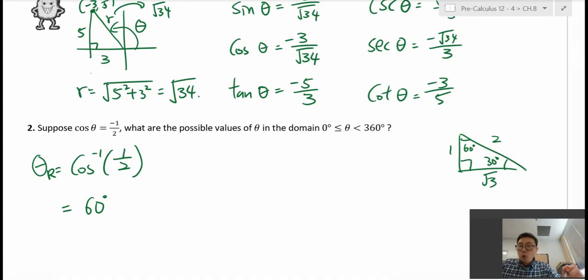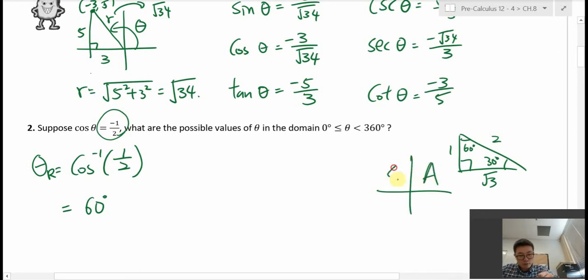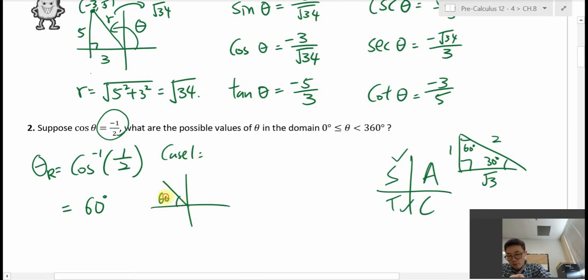Now we are looking at cosine being negative. Based on All Students Take Calculus, cosine is negative in quadrant 2 and quadrant 3. So you have two cases. Case 1, if your angle is here and the reference angle is 60, here's your theta 1.